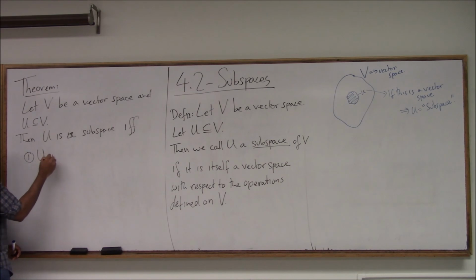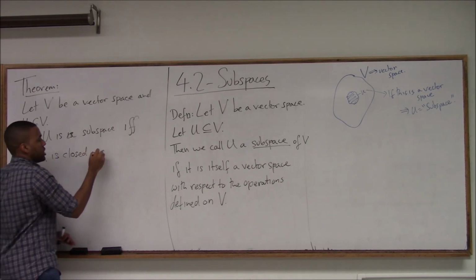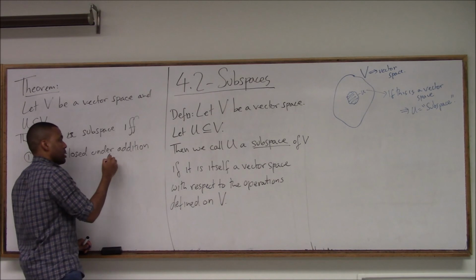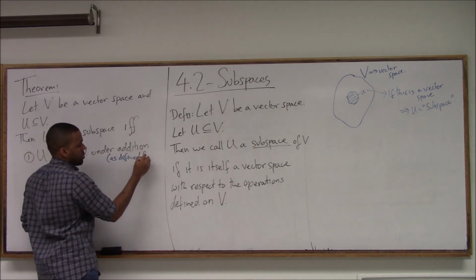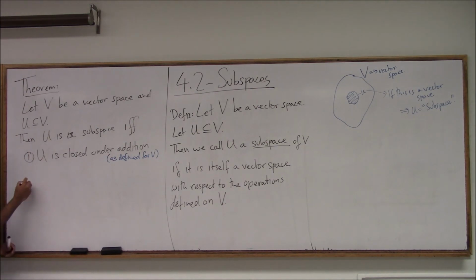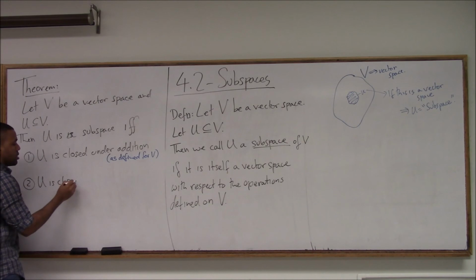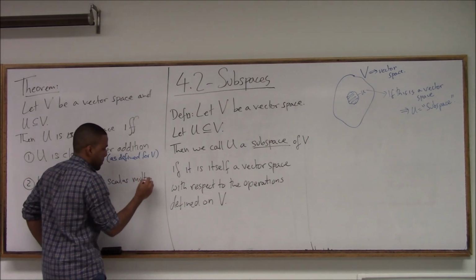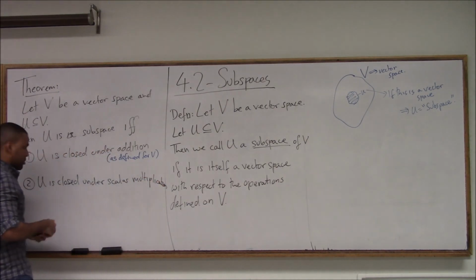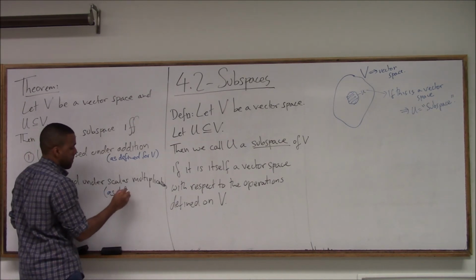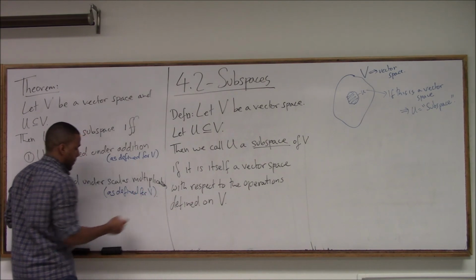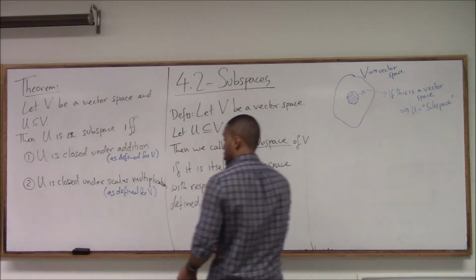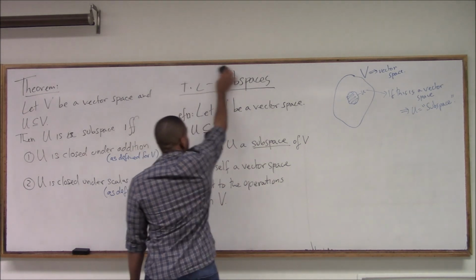One, U is closed under addition as defined for V. And two, U is closed under scalar multiplication as defined for V. So if you have a subset that is closed under addition and scalar multiplication, you will have created another vector space, a baby vector space, inside a larger vector space.